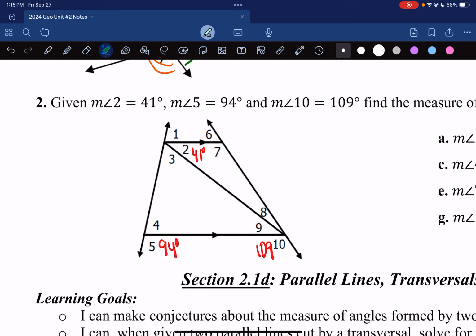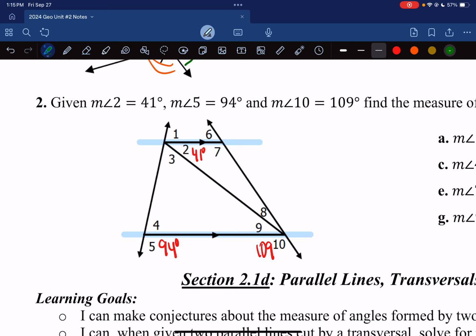So our two lines that are parallel are right here, which means that 4 and 10 are not congruent because they're not on the same transversal intersecting the parallel lines. But we do have this relationship.